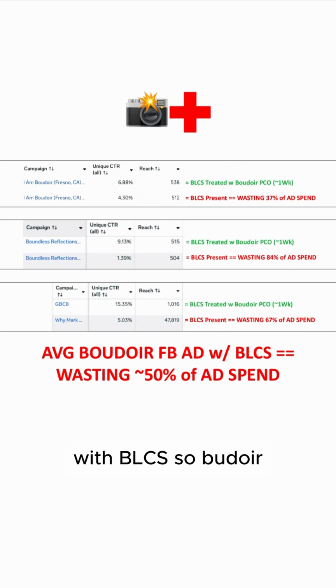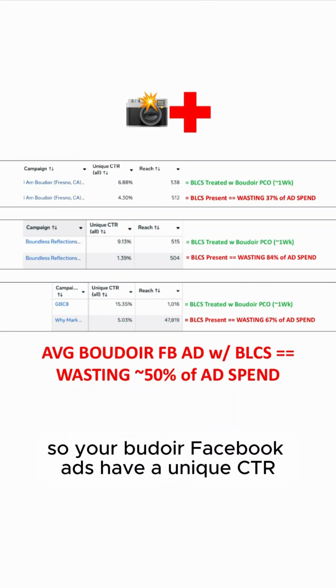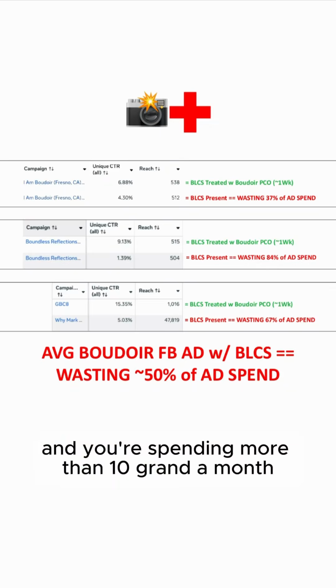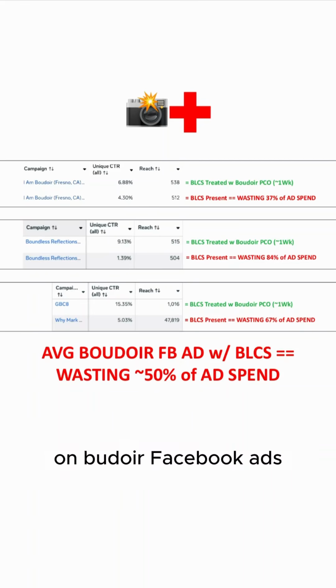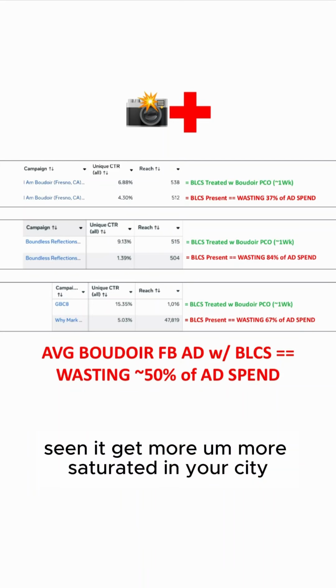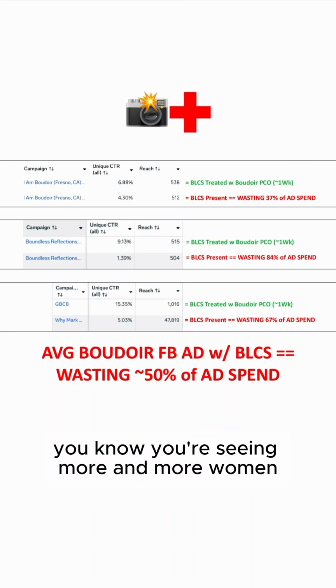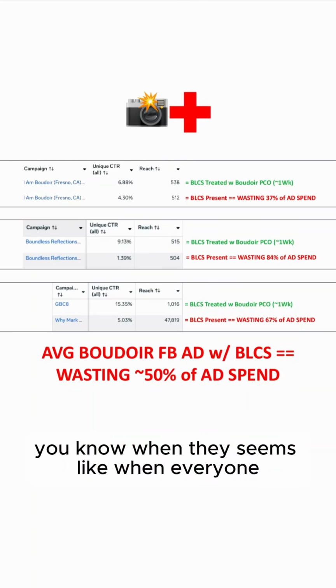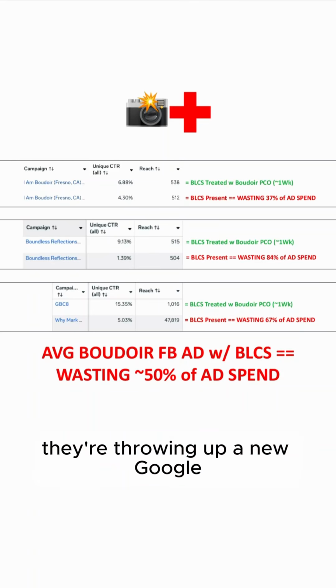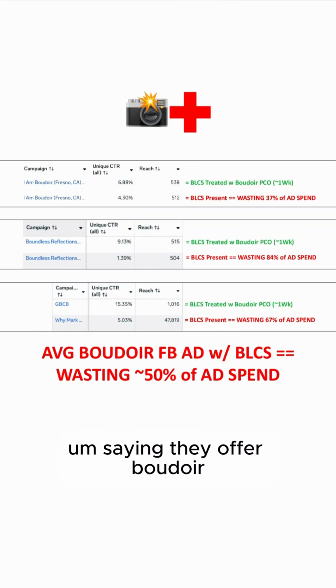All right. So if you're a BLCA, a Boudoir low click advertiser with Boudoir low click syndrome, so your Boudoir Facebook ads have a unique CTR all under 6%, and you're spending more than 10 grand a month on Boudoir Facebook ads, and you've looked at the marketplace, seeing it get more saturated in your city, and you're seeing more and more women, it seems like anyone who gets a new iPhone is throwing up a new Google My Business profile over on Google Maps, saying they offer Boudoir.